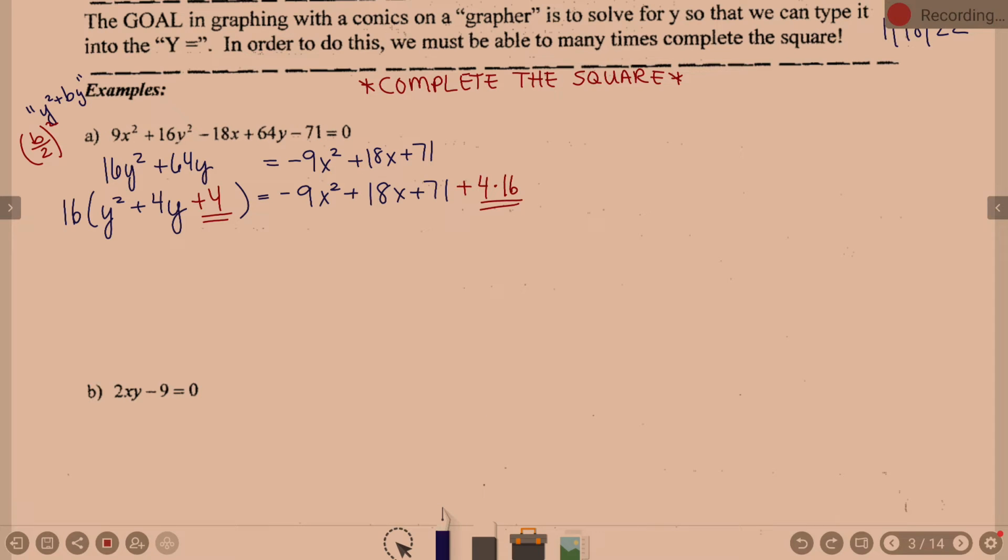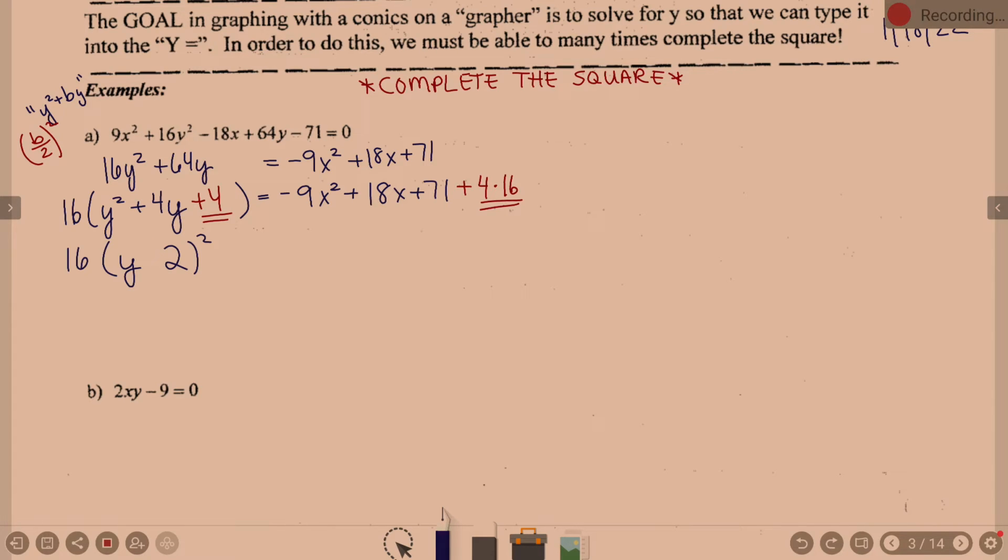Anytime you complete the square, the whole purpose of that is we now can factor. So I'm going to keep this 16 out front for right now. I'm going to factor. Square root of y squared is y. The square root of 4 is 2.